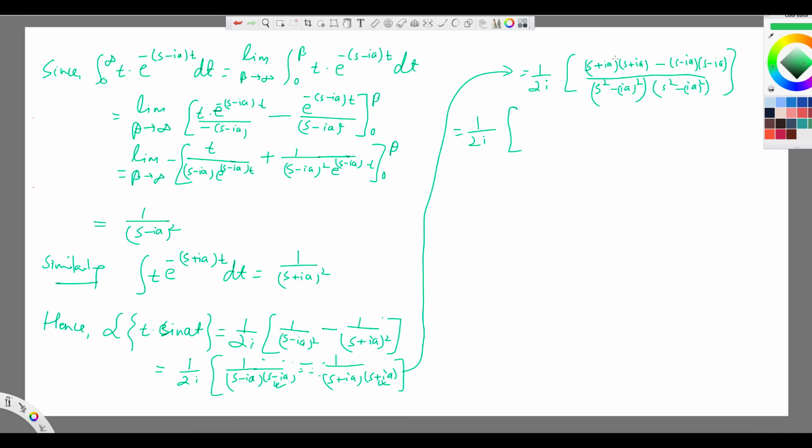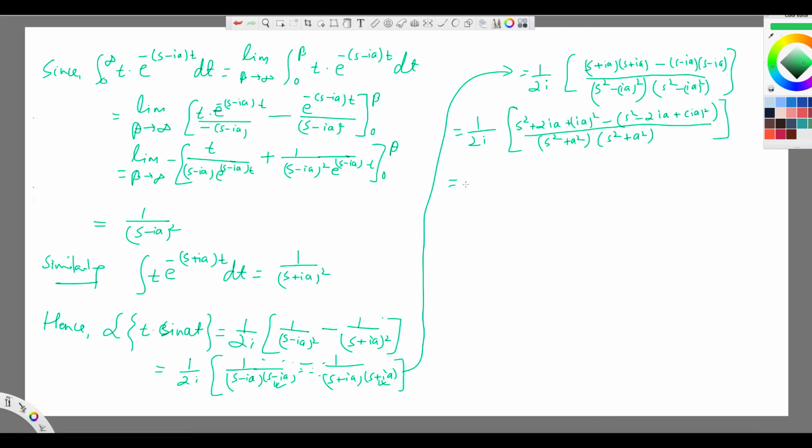If you do that, you get s squared plus 2ia s plus (ia) squared. And then on the second one, you get s squared minus 2ia s plus (ia) squared. Divided by, how much is this? This is s squared plus a squared, and the other one is also s squared plus a squared. So this is the bracket there.